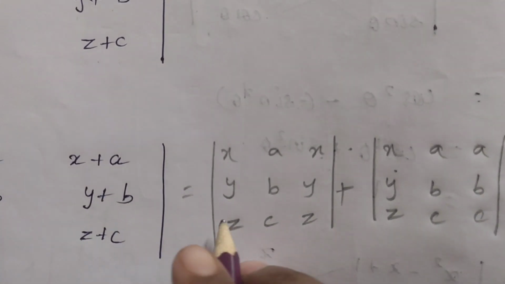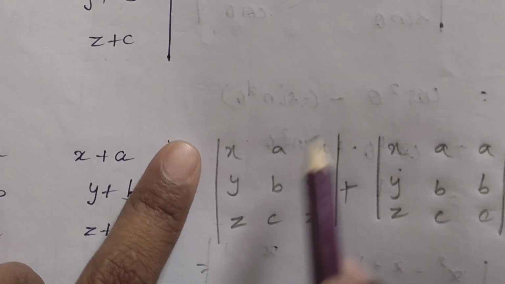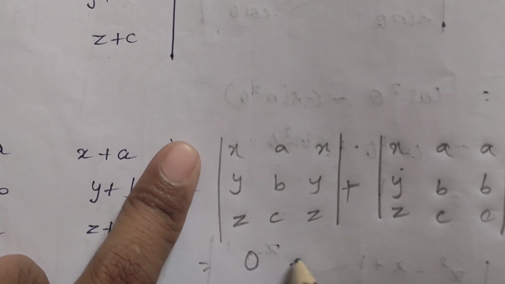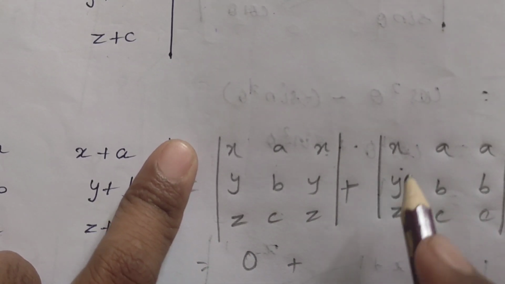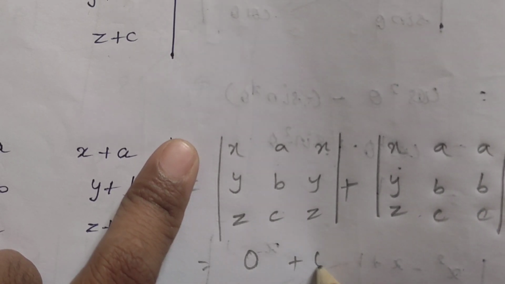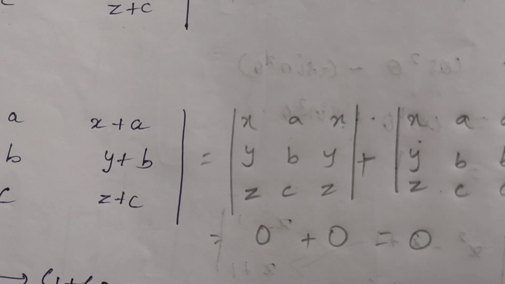Now in these two determinants, here the first column and the second column are identical. Therefore the determinant value is 0. And here also the second column and the third column are identical. Therefore the determinant value is 0. 0 plus 0 equals 0.